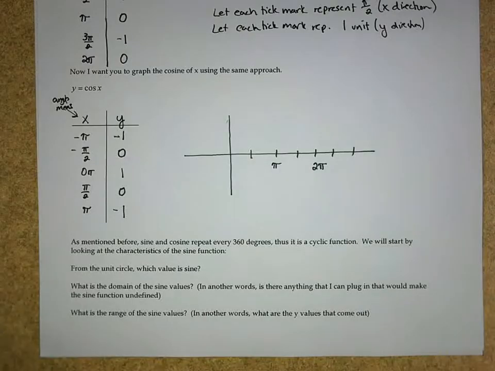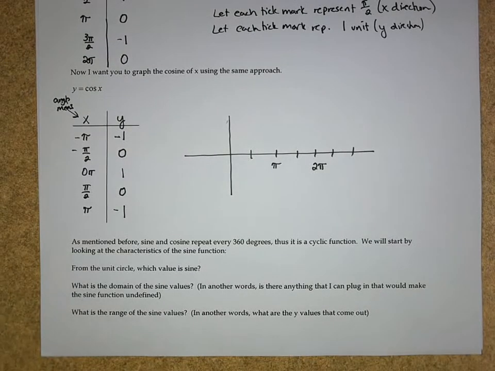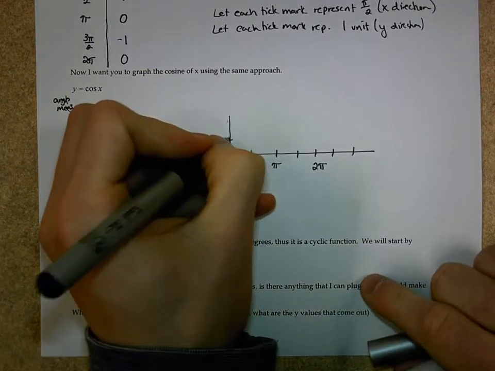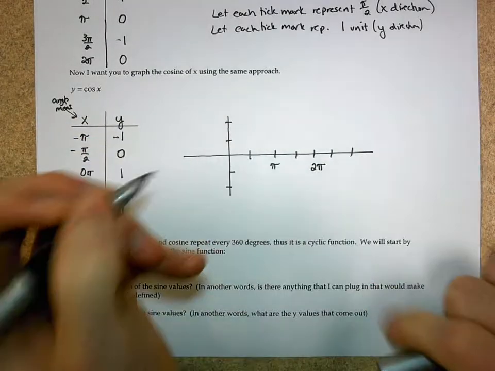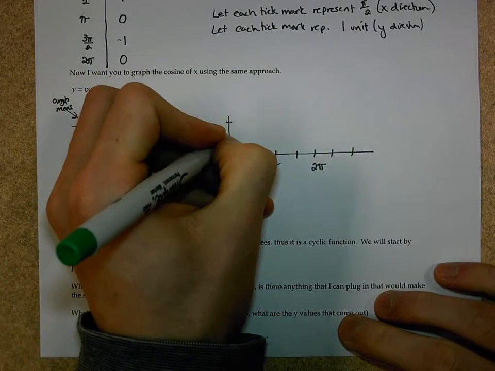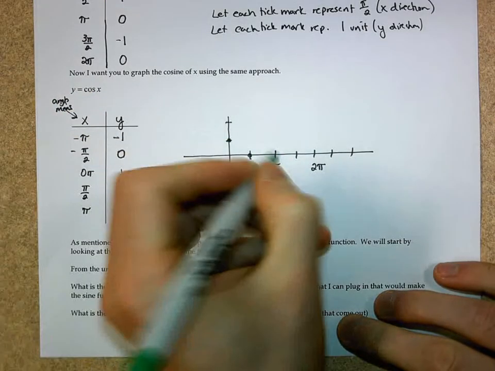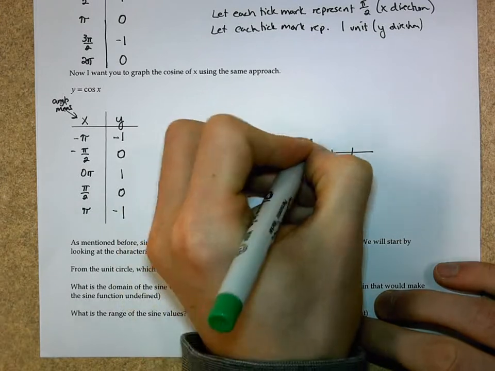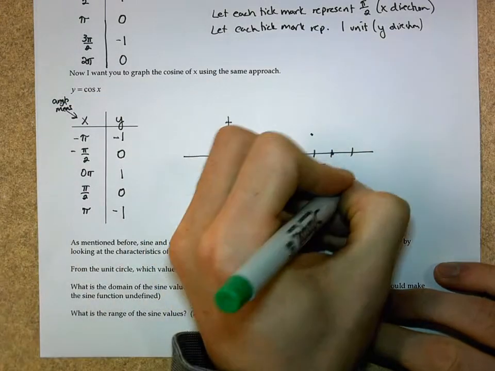And when I graph the cosine curve, I'm going to see that I start at 0, 1, and then I come down.